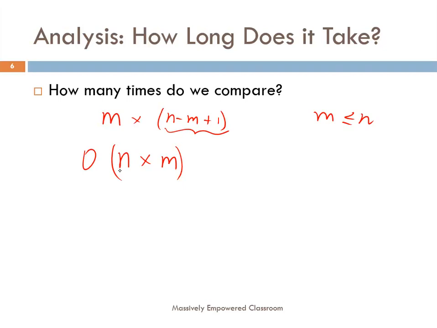Why is that so? Because you are required to advance the position in the text an order of n times, and for each of those positions you may have to do m comparisons. So the worst case scenario is one where at every position there is a match of m minus 1 characters, and even in the last one, only m minus 1 characters in the pattern match the given text.